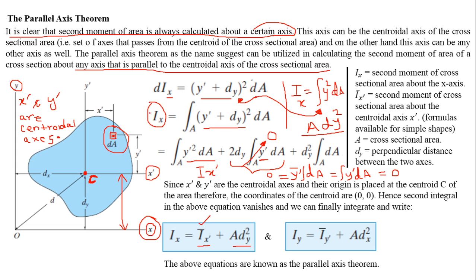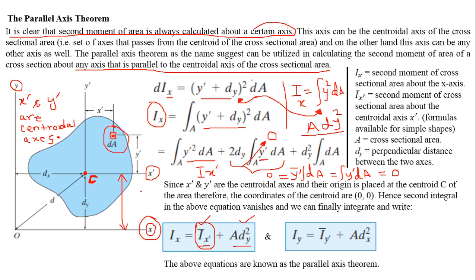Therefore the second moment of area of this entire cross section about the x-axis will be equal to this sum. That is, you have to calculate the second moment of area of this cross section about its own centroid, plus the product of the cross sectional area A, whatever this cross section area is, multiplied by the square of the distance between the two parallel axes.